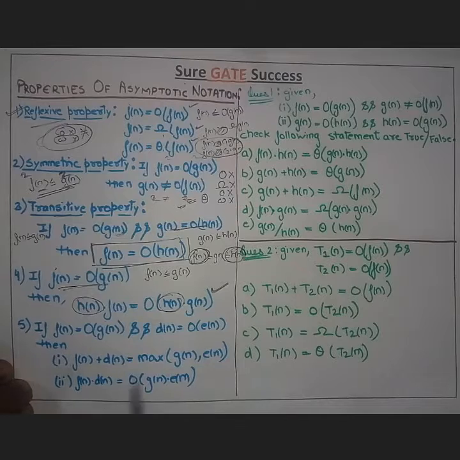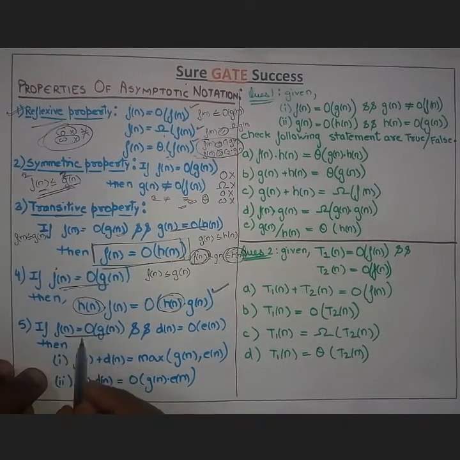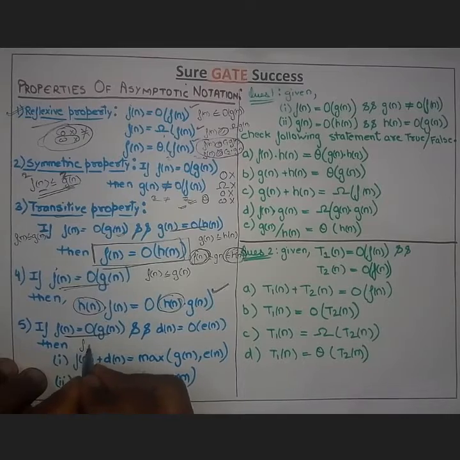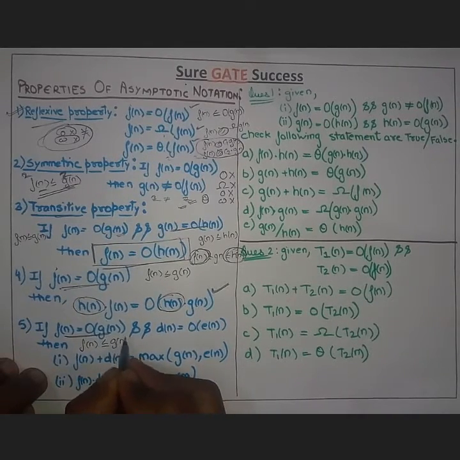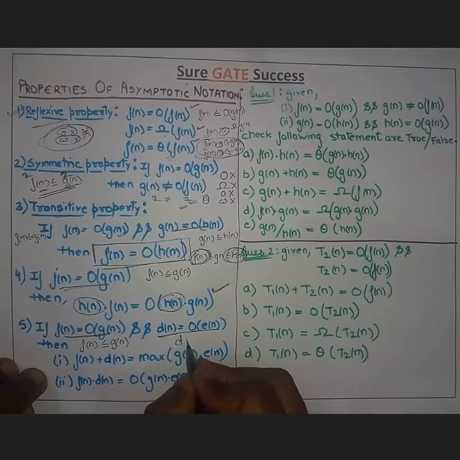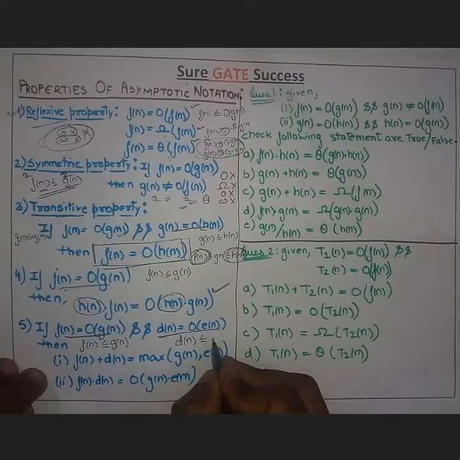Now the fifth one is if f of n is big O of g of n, that is f of n is less than or equal to g of n. And what is the other condition? That d of n is less than or equal to e of n.